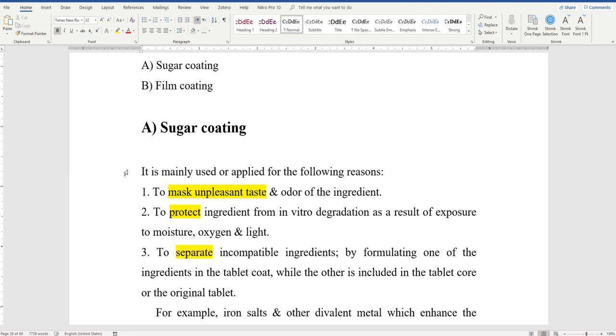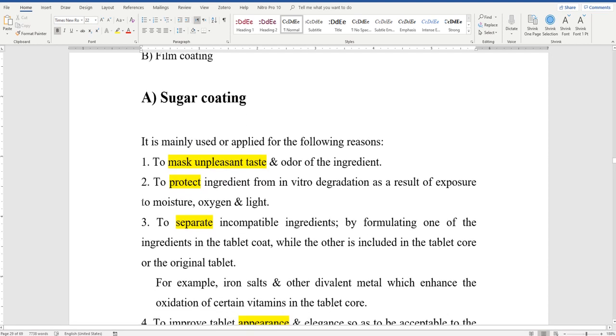Don't forget that the sugar coat is water soluble. Another thing, as you will see also later, you remember that we said that sugar coating is thick and the tablet can have an extra 50% weight because of this coating.